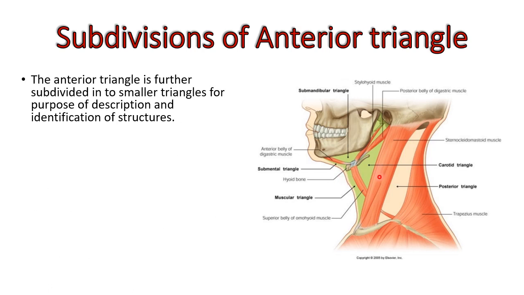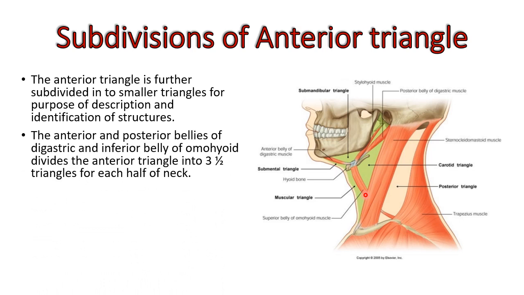Mainly two muscles divide the whole of the anterior triangle into smaller triangles. The two muscles are the digastric muscle, which consists of two bellies (di means two, gaster means belly), so the anterior and posterior belly of the digastric muscle, and the superior belly of omohyoid.